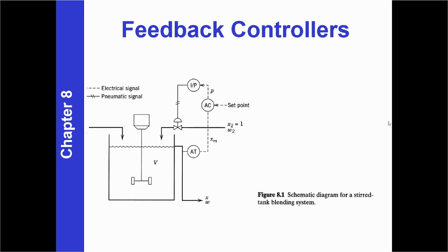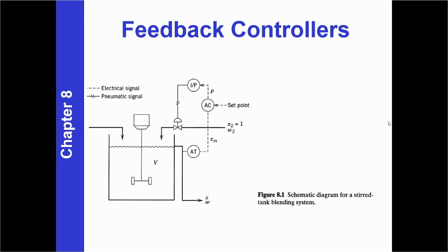So the dash normally implies an electrical signal, and the solid line with two slashes on it is a pneumatic signal. The first arrow on the left, coming to the tank, is the inlet, and then the tank in the middle has a constant volume V, or it could be a variable volume V. Then we add in another solution, X2 and W2, which is controlled by a valve.